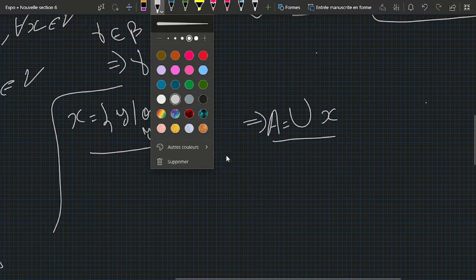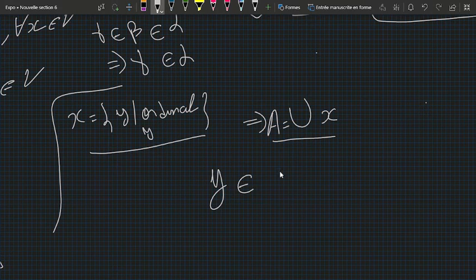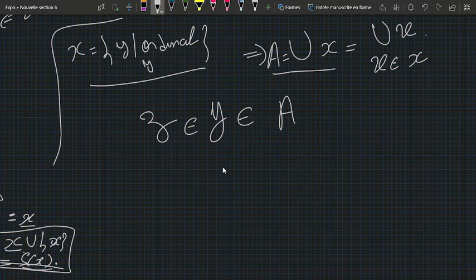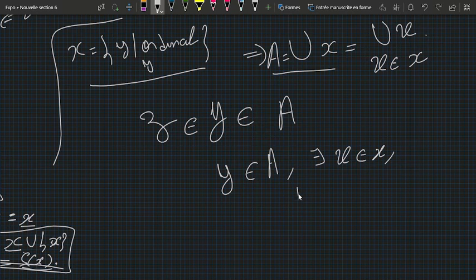So let Y be in E and Z be in Y. What we know is that the definition of the union over X is the union over V for V belonging to X. So for Y to belong to E, there must exist a V in X with Y belonging to V. V is ordinal because V belongs to X and X is a set of ordinals.